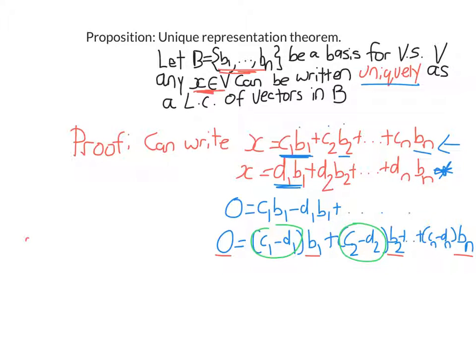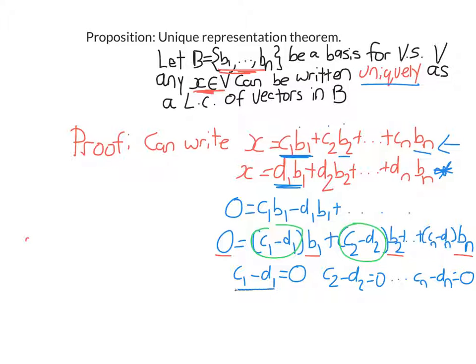So that means we have C1 minus D1 is equal to 0, C2 minus D2 is equal to 0, and so on, Cn minus Dn is equal to 0. And it's a really easy step now. I just have to add Di to each right-hand side of each equation.